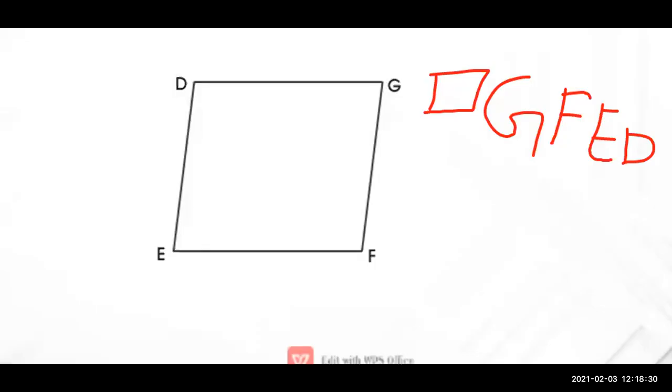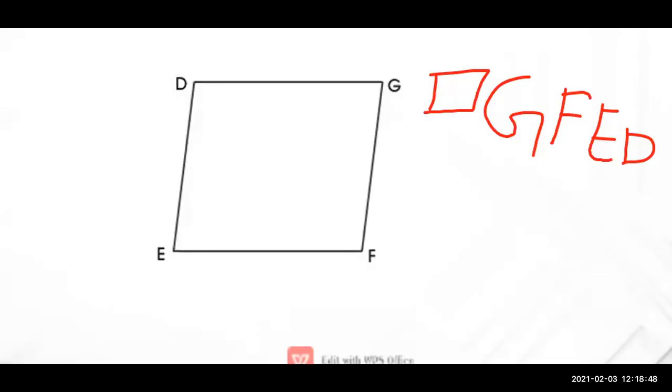DGFE. Very well. So, how many have you written? Total, how many names of the quadrilateral have you written? Yes, Srushti, we have written 8. Clockwise 4, anti-clockwise 4.